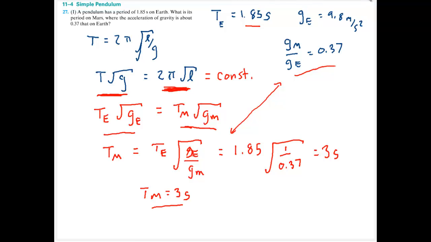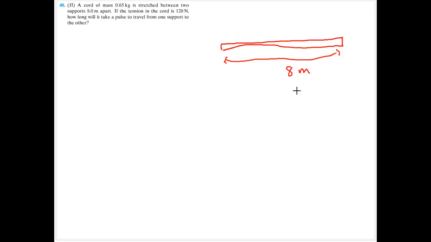Okay, so here I have a wire, or a cord. It's got some mass associated with it, it's got some length associated with it. I know that it's going to be essentially 8 meters long. I know that the mass of the wire is going to be 0.65 kilograms.